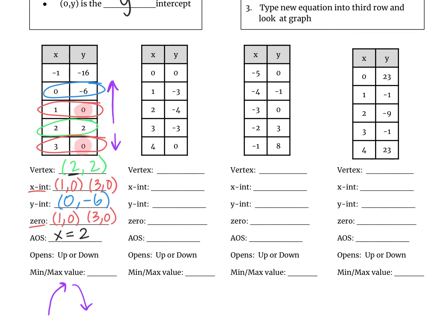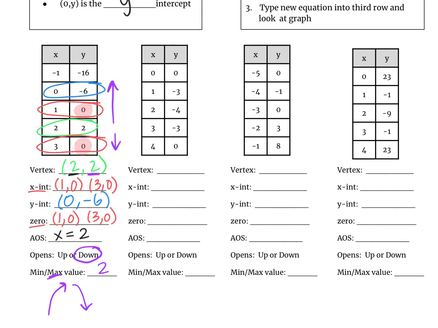Notice that this parabola is opening down because it is down like a frown. To know what that min or max value is, in this case it would be a max value, we would look at the y value of the vertex. So the y value of the vertex is up here, and it is 2.